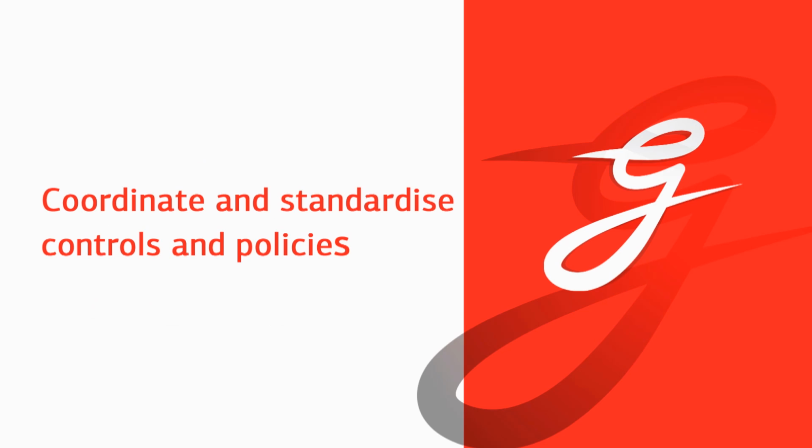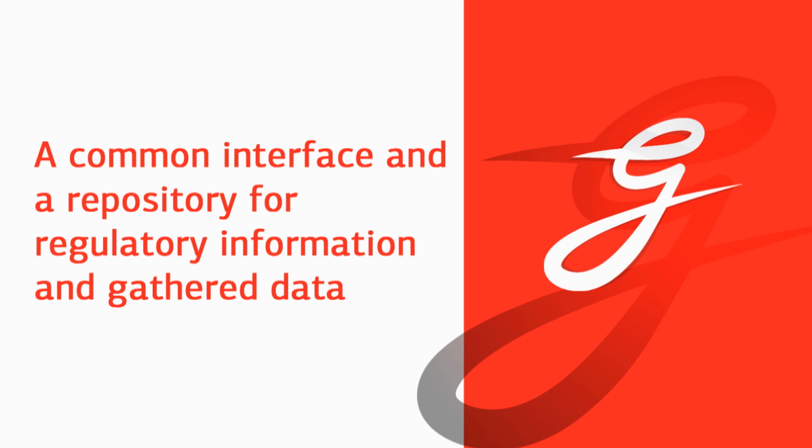They offer a common interface for users and create a common repository for information covering internal and regulatory requirements, and for data gathered from documents, questionnaires, other security and IT systems.